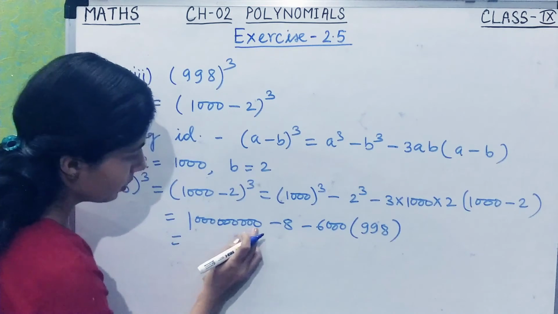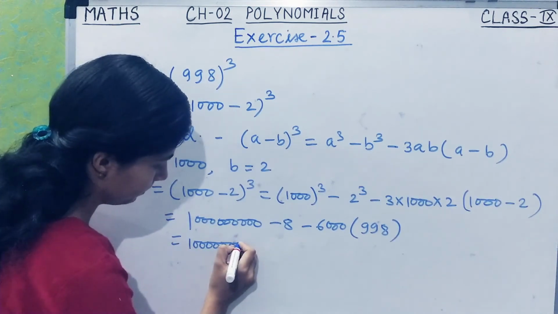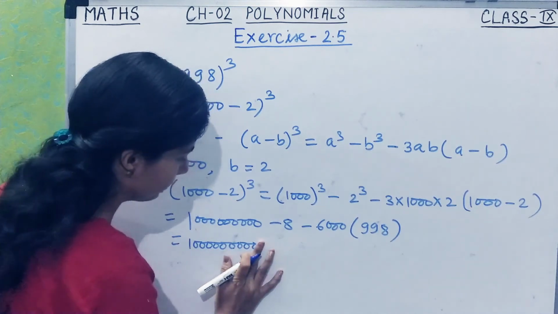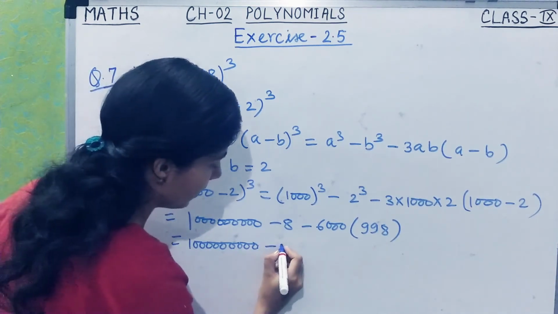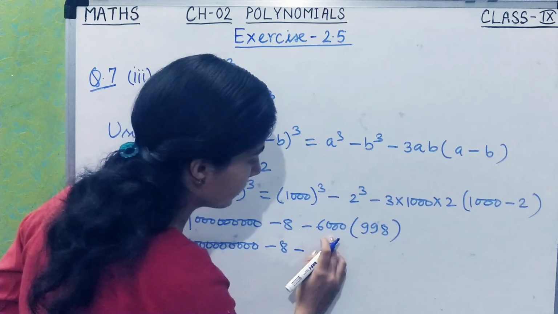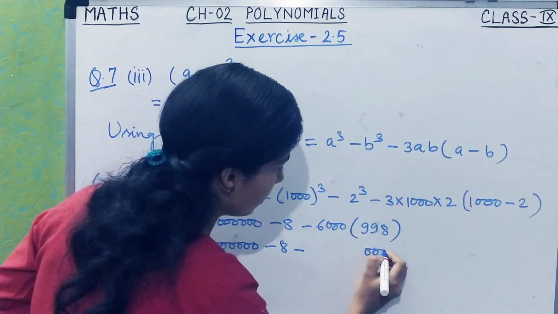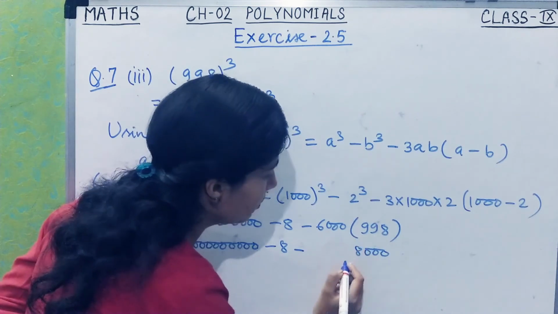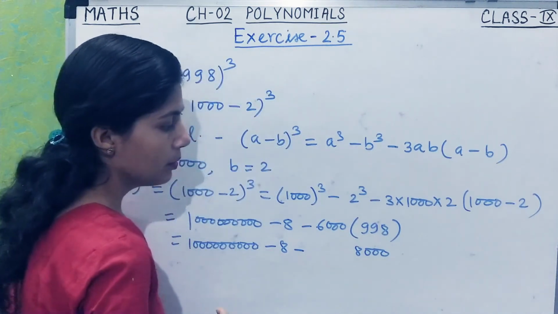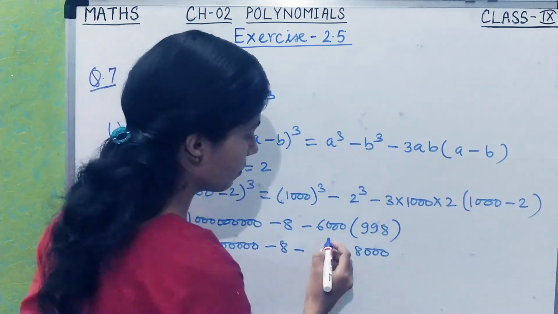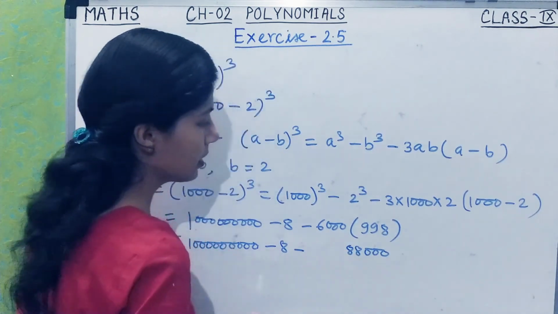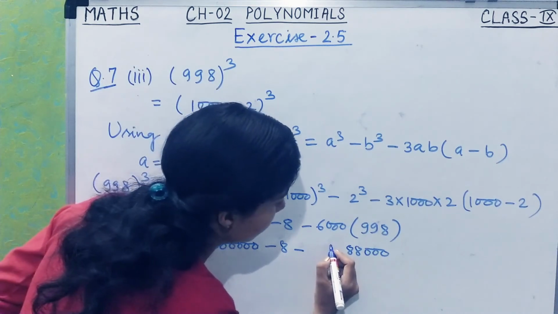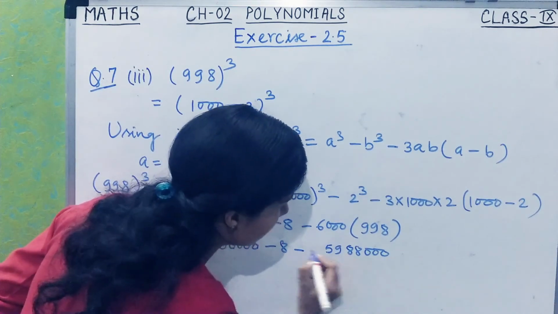Okay, so minus 8 minus, there will be 3 zeros, so 6 8s are 48, 4 carry 6, 9 6s are 54, 54 plus 4 is 58, 5 carry 6, 9 6s are 54, and 54 plus 5 is 59.